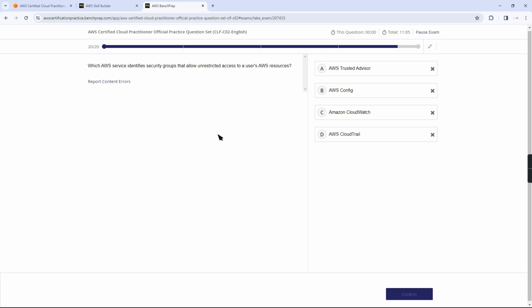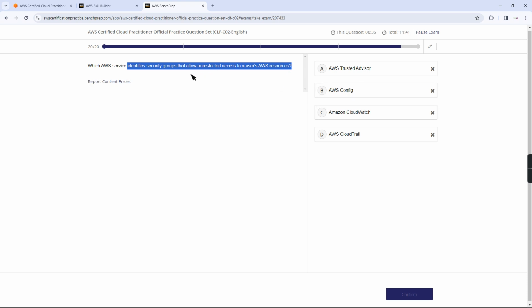Okay, moving on. Which AWS service identifies security groups that allow unrestricted access to a user's AWS resources?